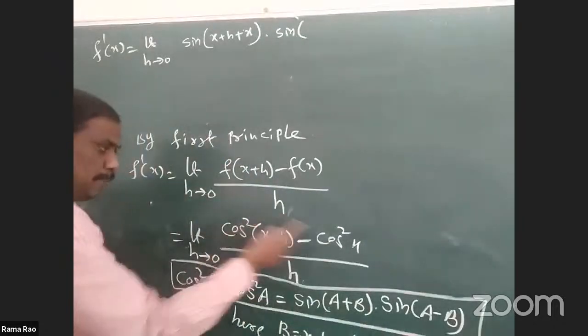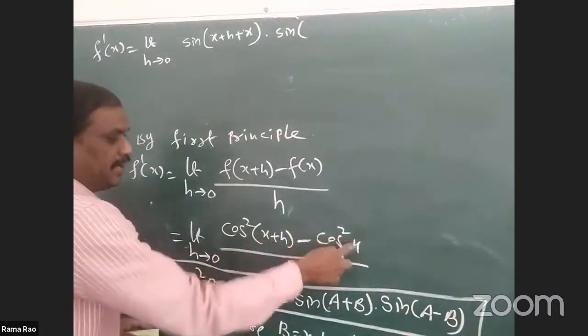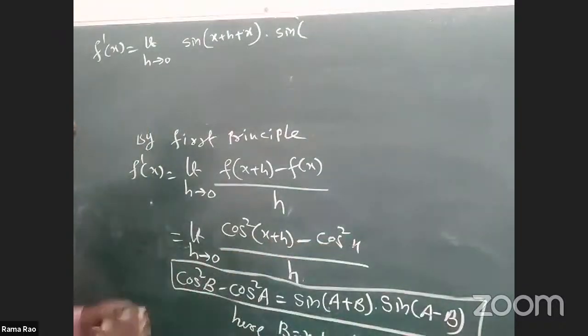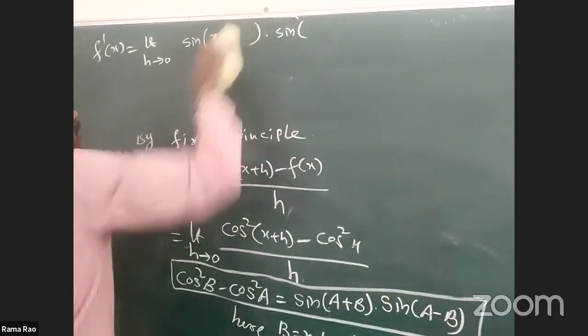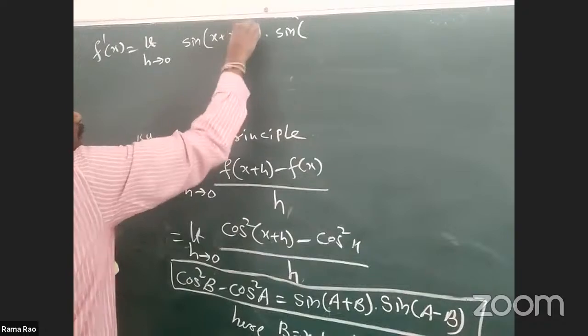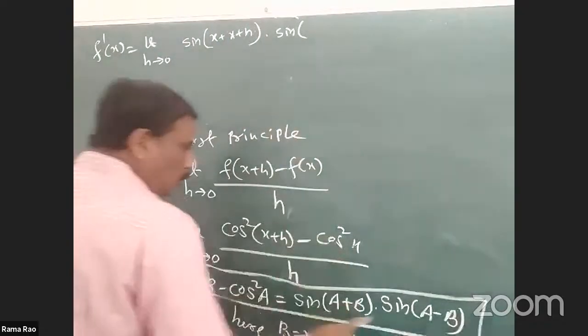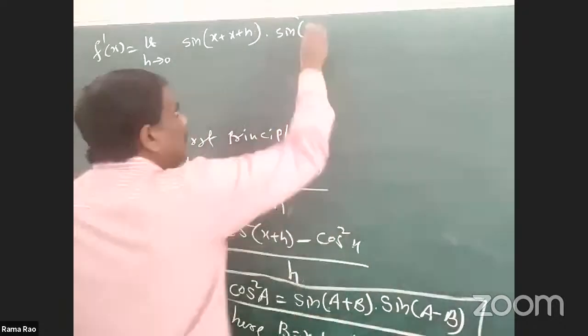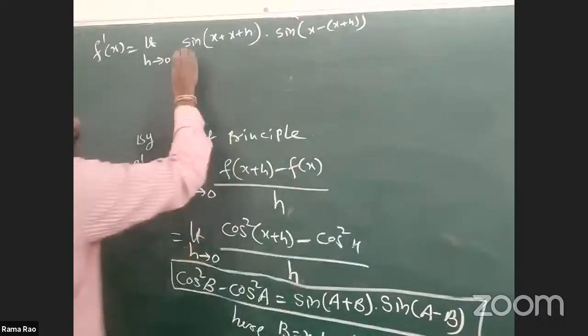Sin of a plus b into a minus b, where a minus b means minus of h, all by h.